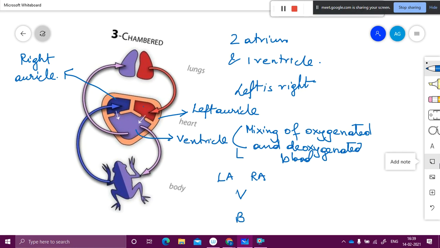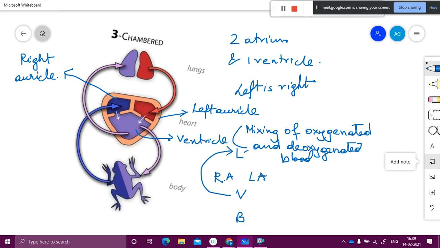I just drew it wrong. So you have the right auricle here, the left auricle here. From the ventricle, blood is pumped into the lungs, deoxygenated blood.